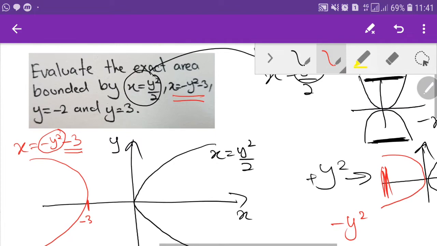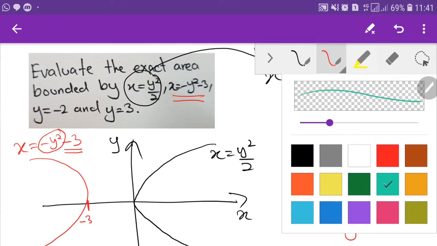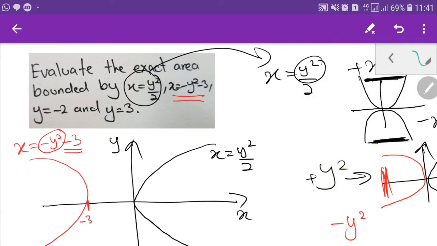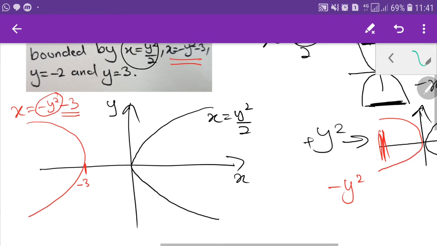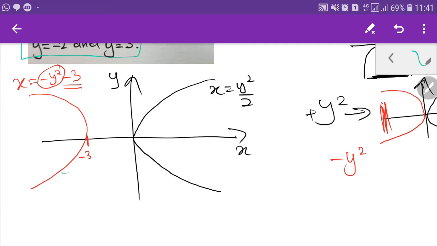Okay, so we're done with the curves, and then we move on to the y's given down here. So we just put minus 2 somewhere below the x-axis, and 3 somewhere here.